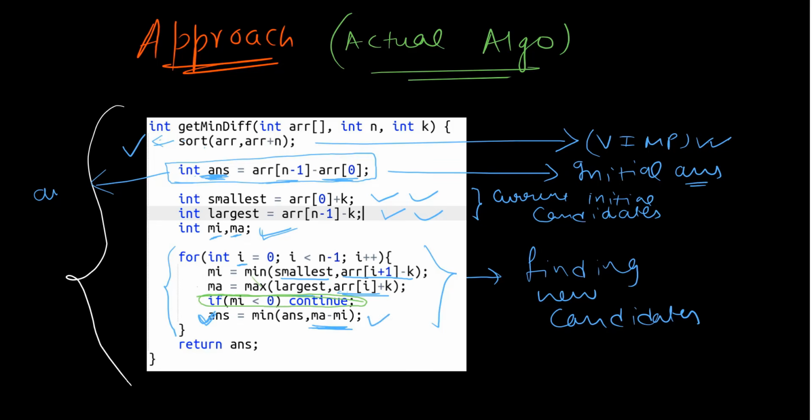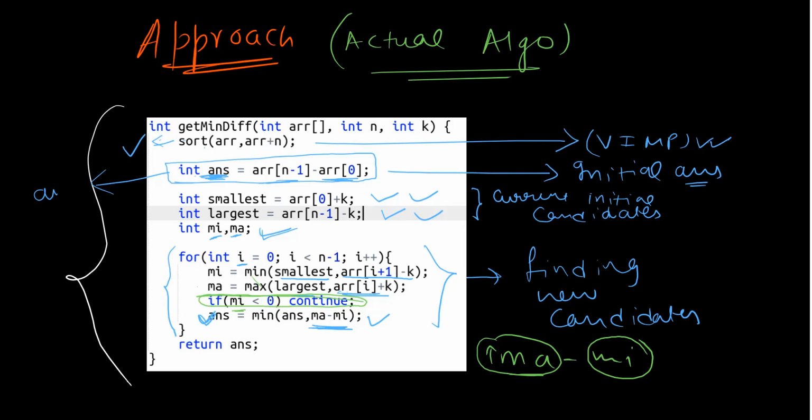Now there is one twist, that we are checking whether the min is less than 0, that is the height of our shortest candidate. If it is less than 0, then we will not do maximum minus minimum, because if minimum is negative, then the value of maximum minus minimum will actually increase. And it will create a problem for you.